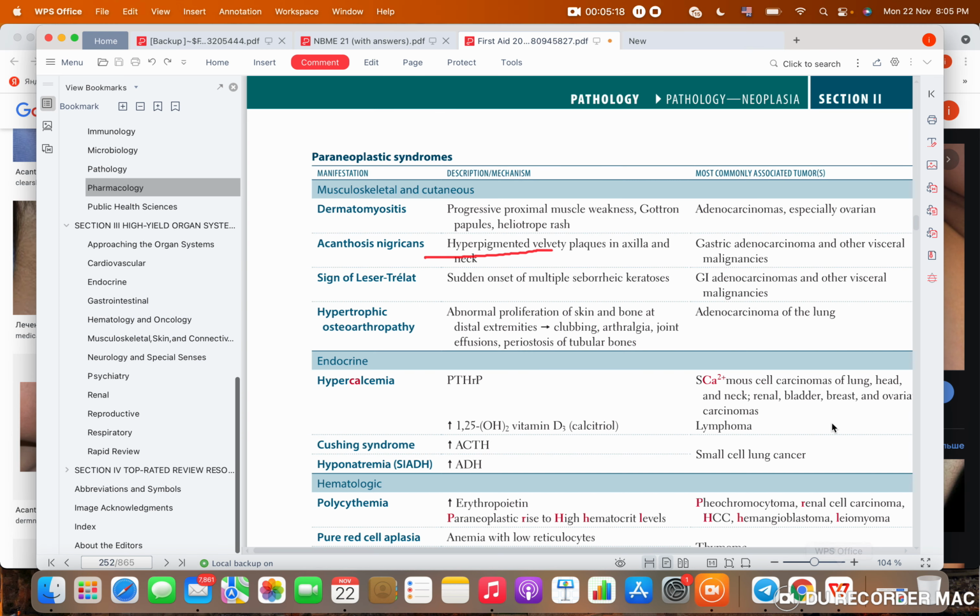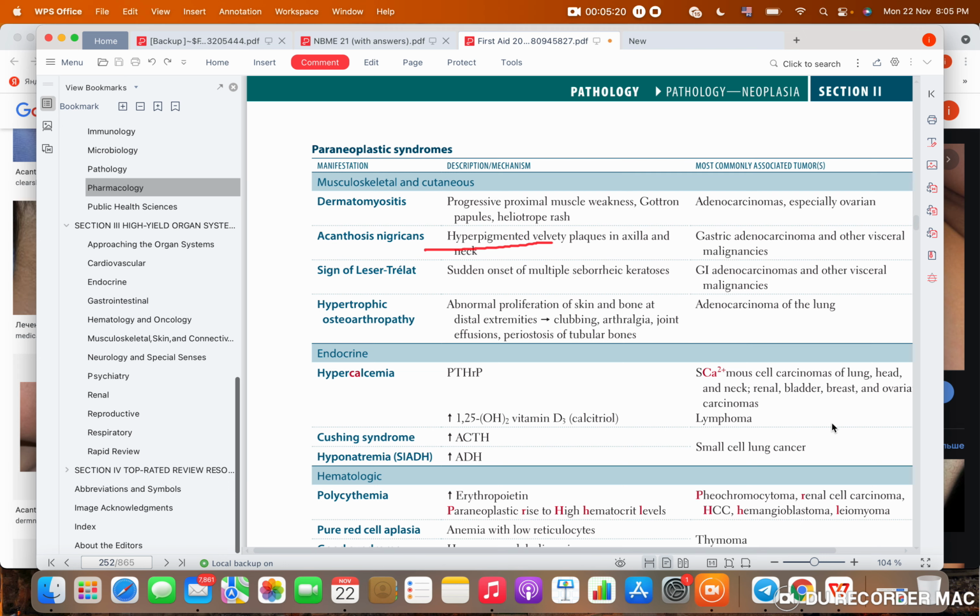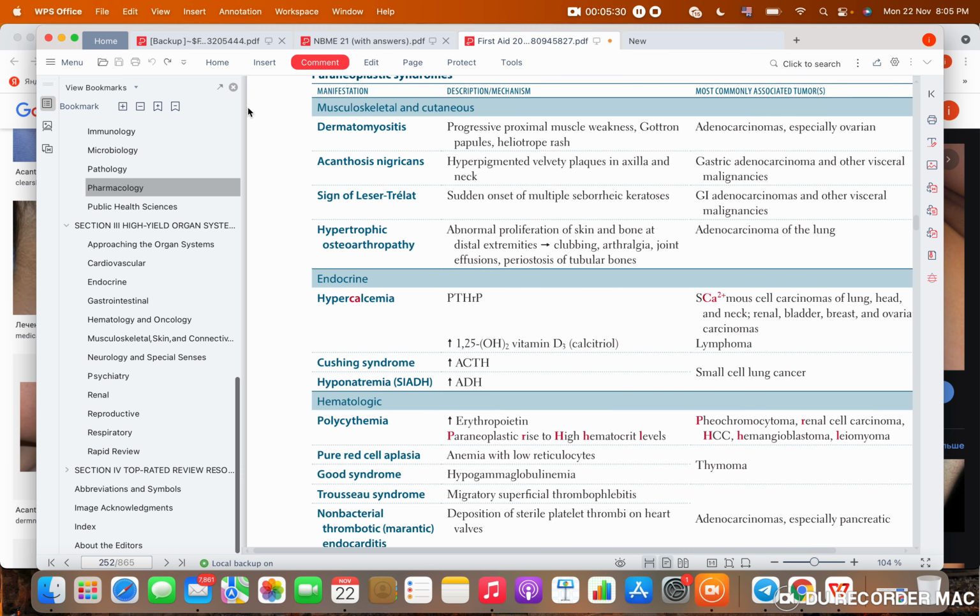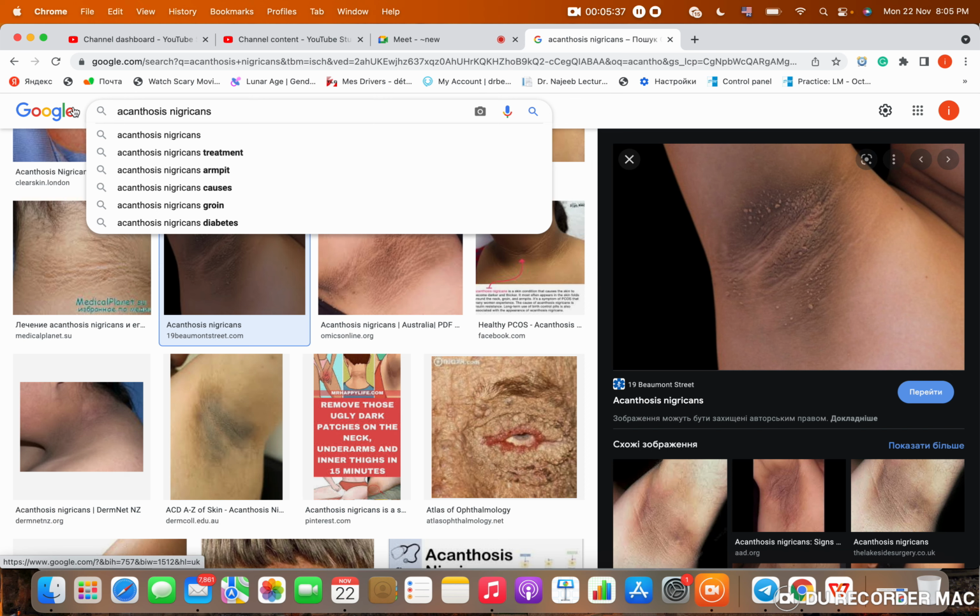Okay, so the next thing they write here is it has a relationship with gastric adenocarcinoma and other visceral malignancy. Okay, the next one is something called the Leser-Trélat sign, which is multiple sporadic seborrheic keratosis.